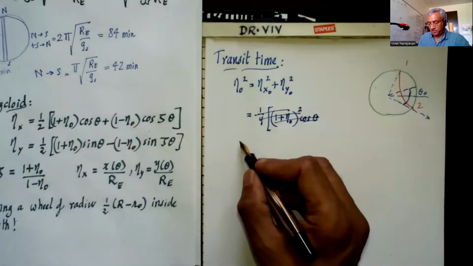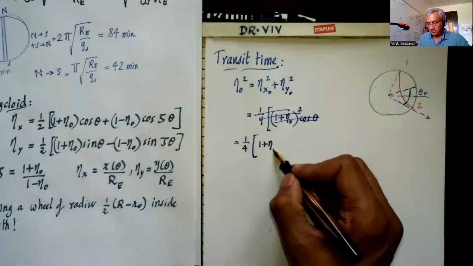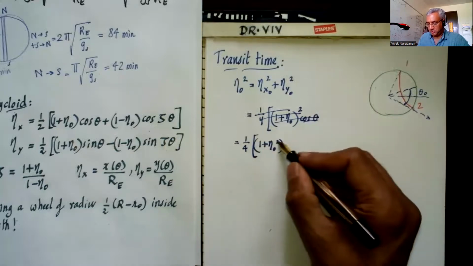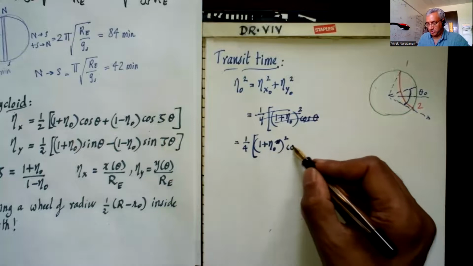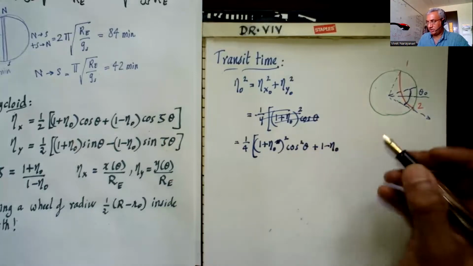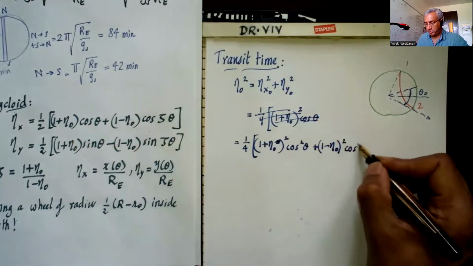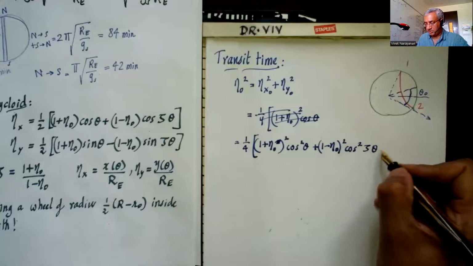This first term is 1/4 times (1 plus eta naught) squared cosine squared theta, plus (1 minus eta naught) squared cosine squared zeta theta naught.